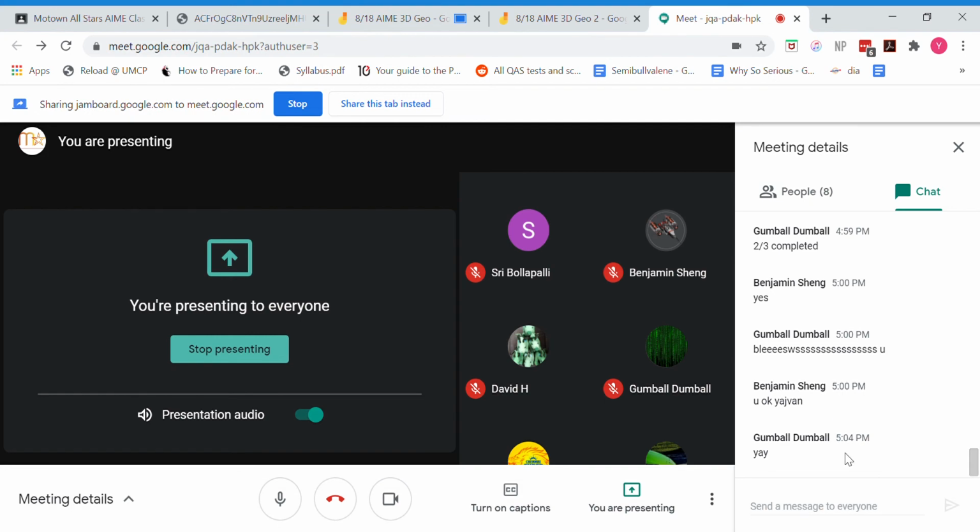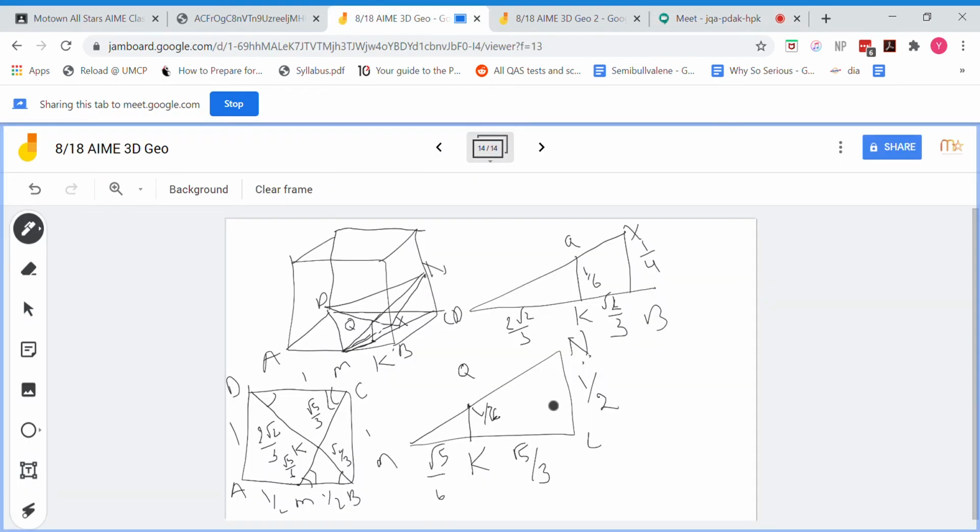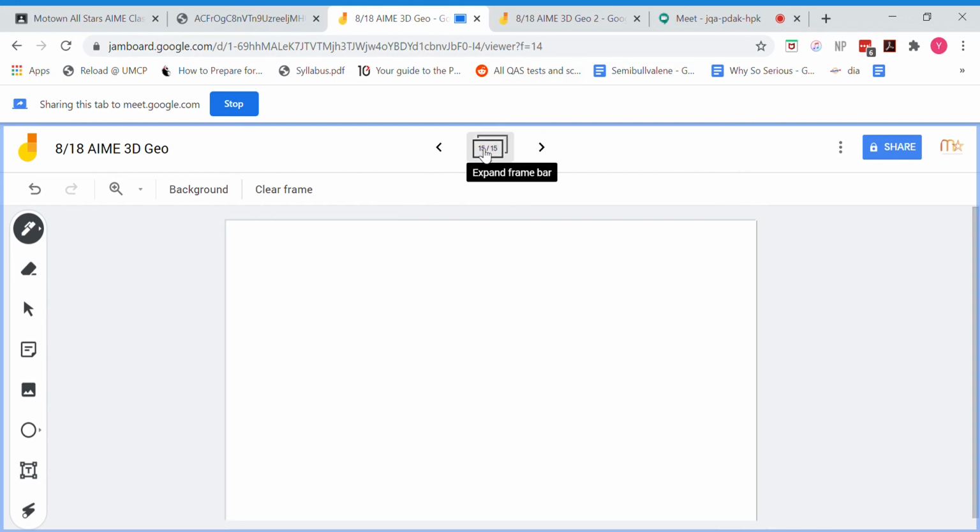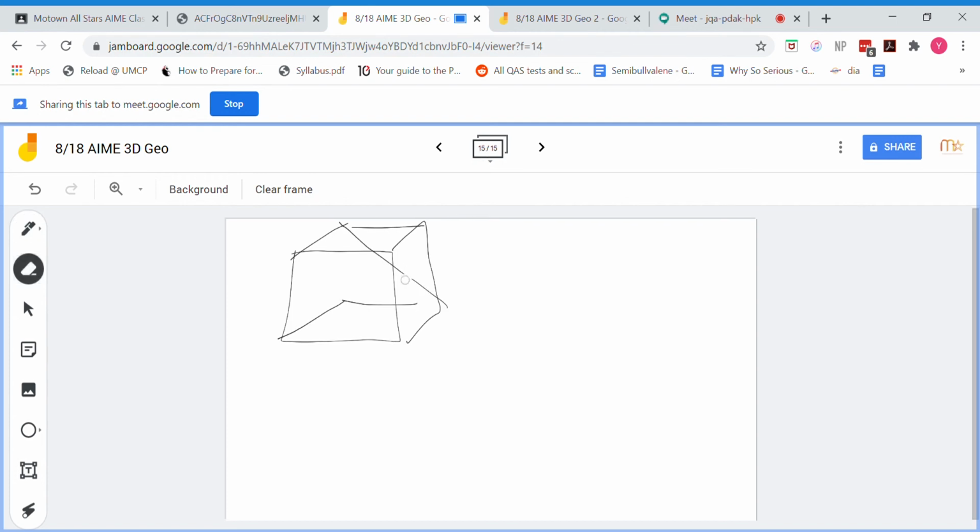Alright, so any questions on how to use similar triangles to figure out the projection of a plane onto a line? So now you should be able to apply this kind of technique if, say, we have a cube, and instead of a vertex and 2 midpoints, we take 2 vertices and a midpoint.